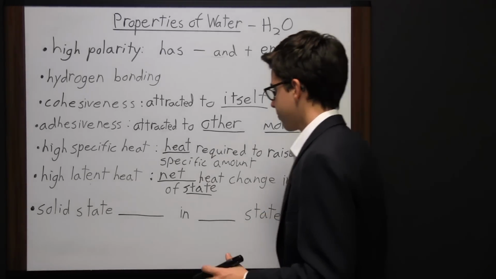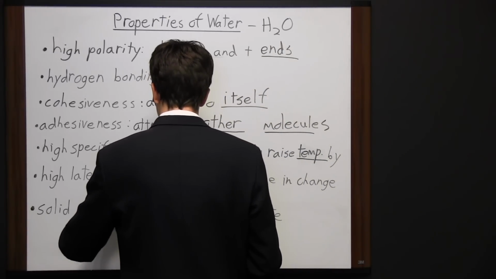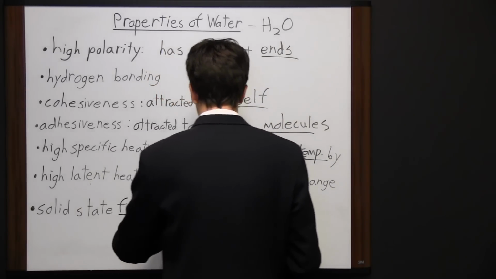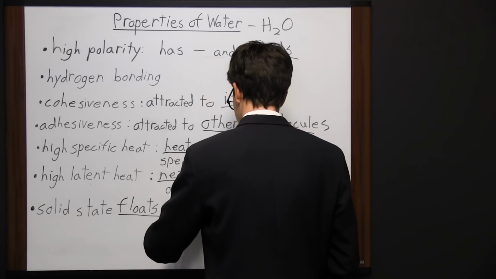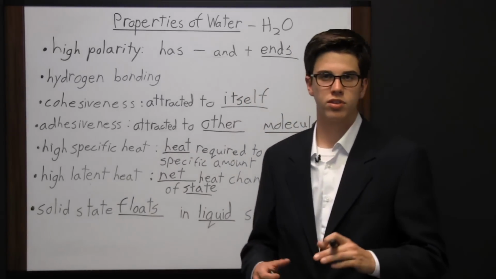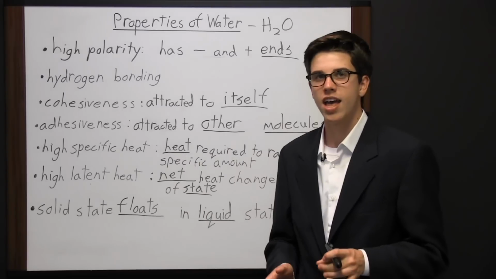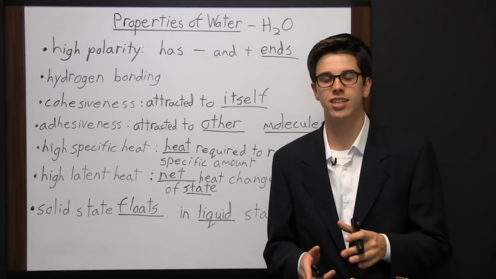Now, water in its solid form as ice floats in its liquid state of water. Now this is pretty odd because many times substances are denser in their solid forms, but water is strange in that its solid state floats in its liquid state.